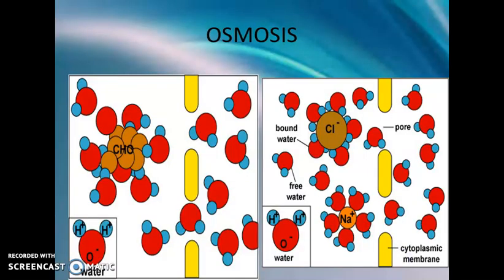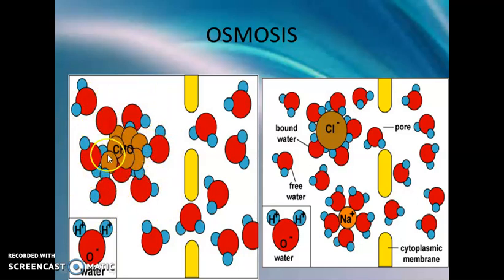Okay, so in the previous part we have discussed osmosis, and in the last slide we have already discussed that when sugar is dissolved in water, the sugar molecule forms a weak hydrogen bond with the water molecule.